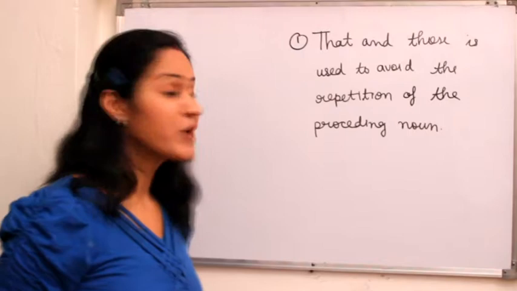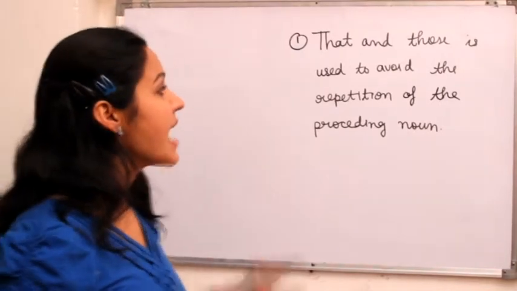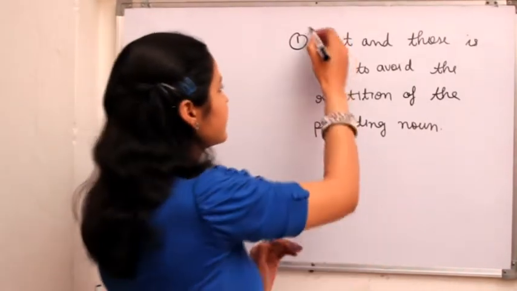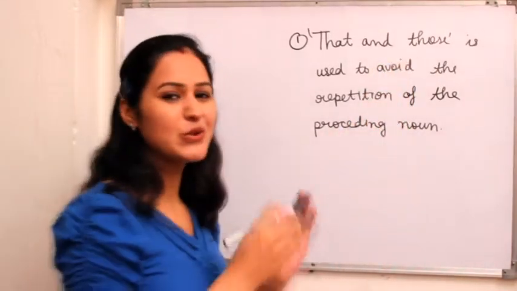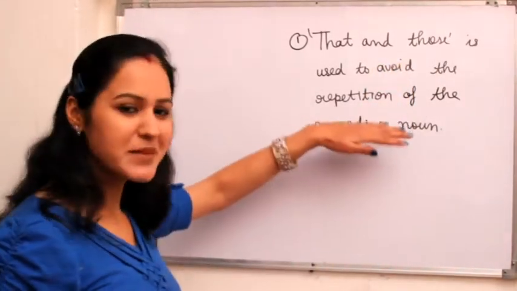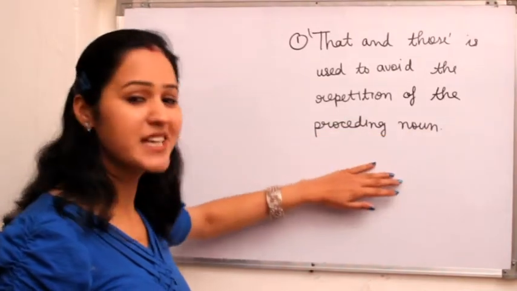So I write here that and those is used to avoid what? Used to avoid the repetition of the preceding noun.